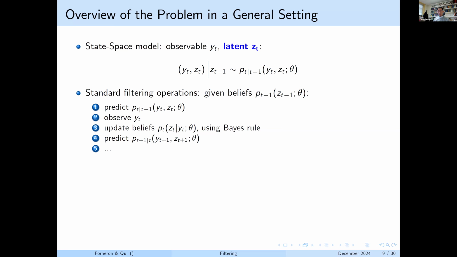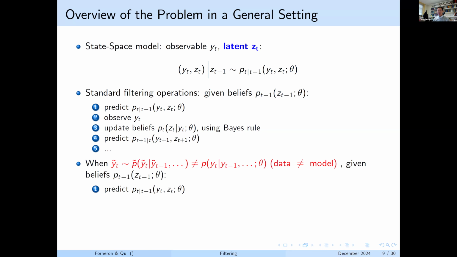If the model is well specified, the entire thing is internally consistent, everything works. However, when there's misspecification, some strange things will happen. Misspecification means that the actual data dynamics, those with tildes, are different from the dynamics implied by the model, P, which does not have a tilde.